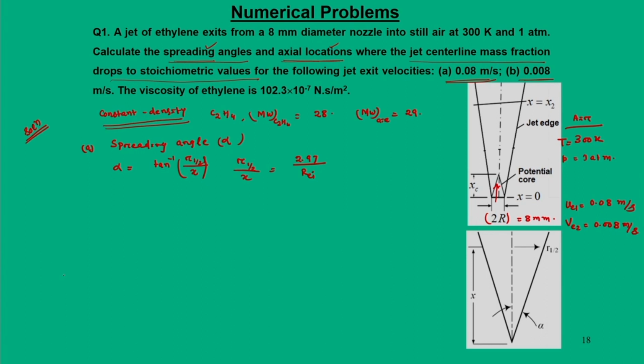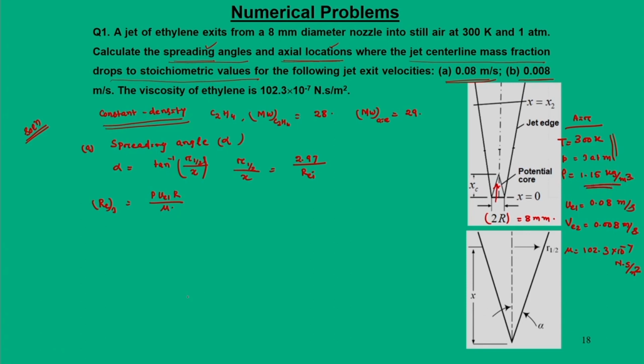The first thing you need is the Reynolds number. For the first case, we can write Re1 equals rho VE1 r by mu. Mu is given as 102.3 into 10 to the power minus 7 Newton second per meter square, and rho for air at atmospheric pressure and 300 Kelvin can be assumed to be 1.15 kg per meter cube.